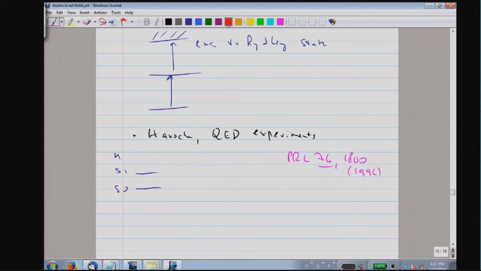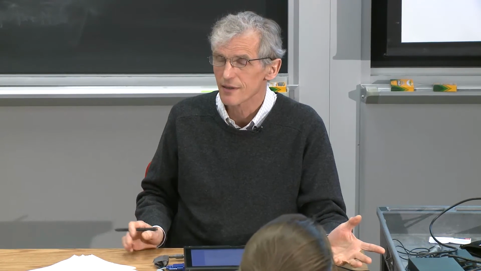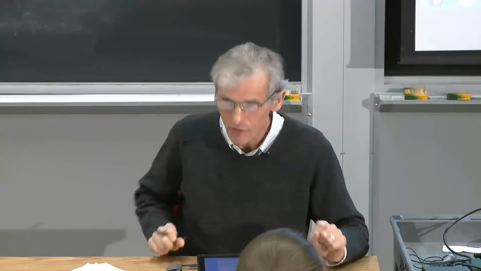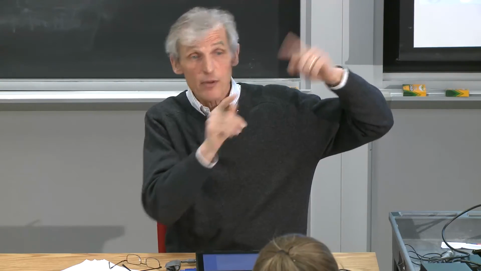Then those atoms are passed through a cavity, and in this cavity, single atoms interact with single photons, and they have done beautiful quantum non-demolition experiments of single photons. I mean, that's really wonderful state-of-the-art experiments. But back to Rydberg atoms and field ionization, eventually the readout of those experiments was you prepare atoms in the state 50 or 51, and afterwards, if they have absorbed or emitted a photon, they should be in a different state.